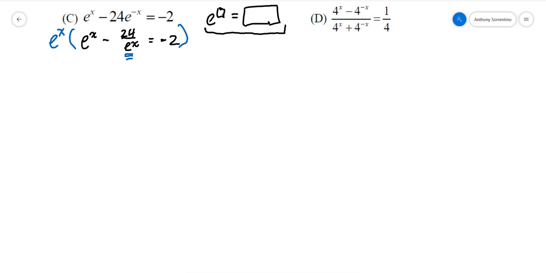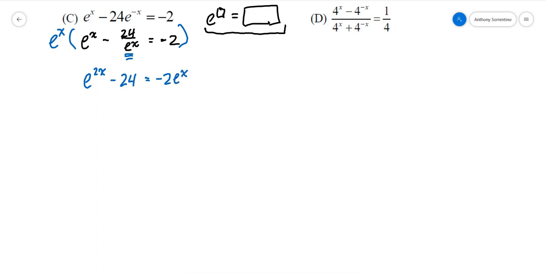Well, 24 over e to the x power, having some rationalness to it, could have extraneous solutions because I'm making an assumption that could not exist. And so e to the x times e to the x is e to the x plus x, which would just be e to the 2x. Of course, this becomes just a minus 24, and this I'm going to have negative 2 e to the x.